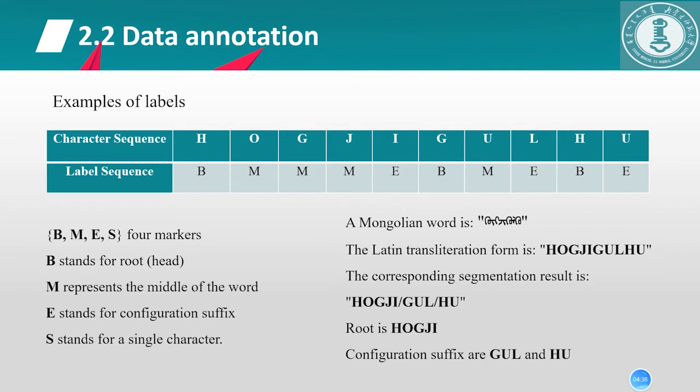As can be seen from the table, the Latin form and the segmentation granularity of this Mongolian word, the corresponding segmentation result is hukji glu hu, the root is hukji, and the configuration suffixes are glu and hu.